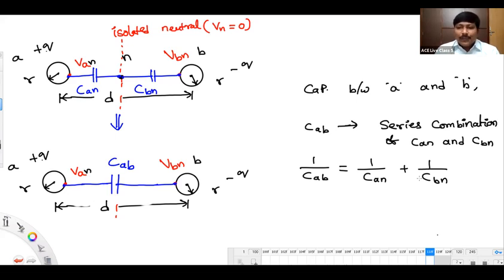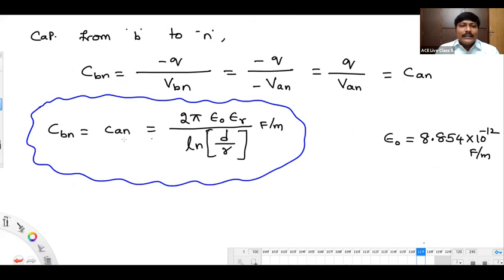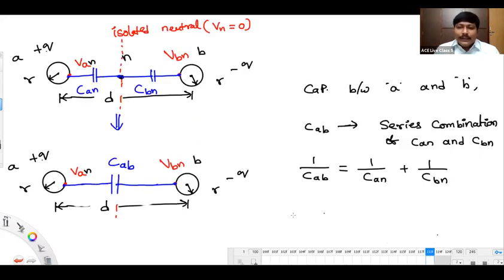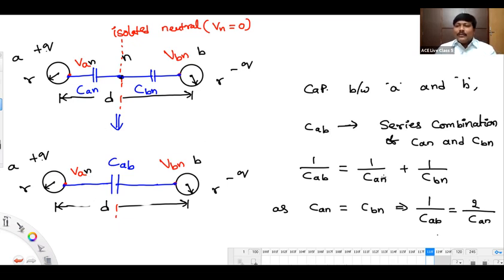Equal? Already we said in the previous slide that CAN and CBN values are equal. So you can write 1 by CAB as 2 by CAN, and CAB is 1 by 2 times CAN.